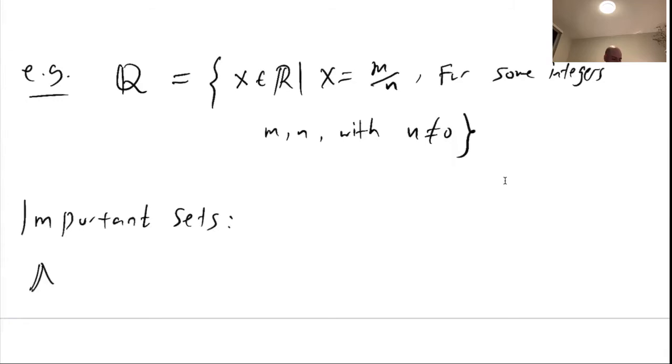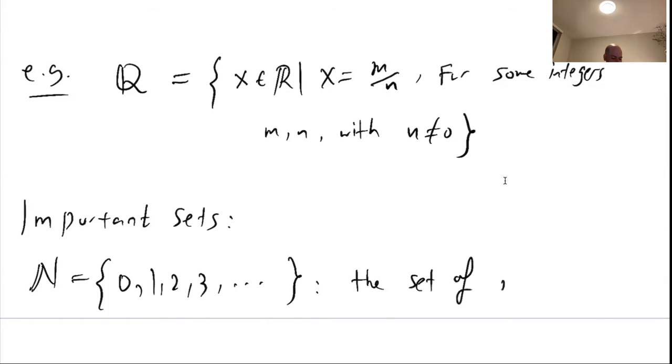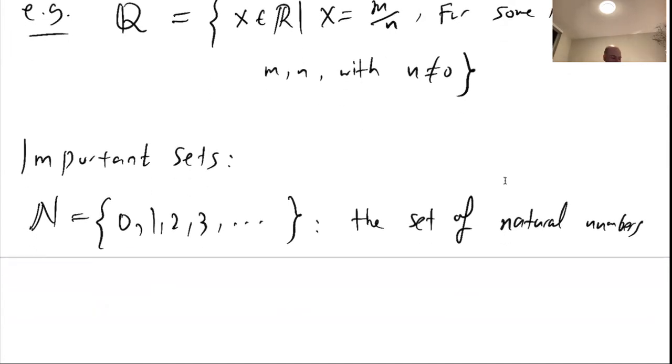And the notation N is used for natural numbers. And natural numbers in some books start with 1, 1, 2, 3, 4, all the way to infinity, but some books start with 0. So your book starts with 0. So 0, 1, 2, 3. This is the set of natural numbers. And then we can talk about Z, the set of integers.